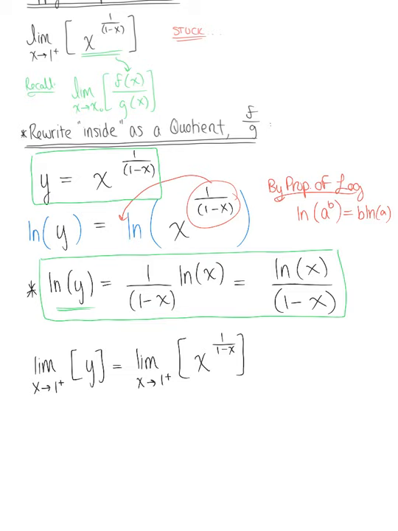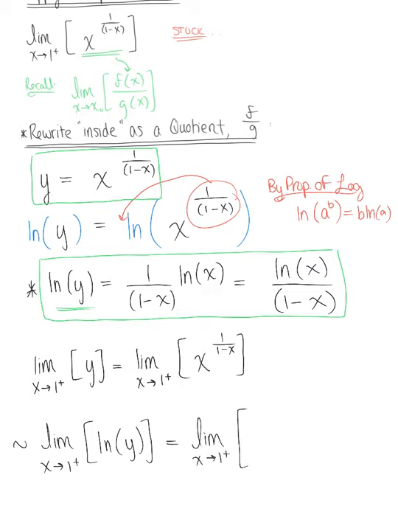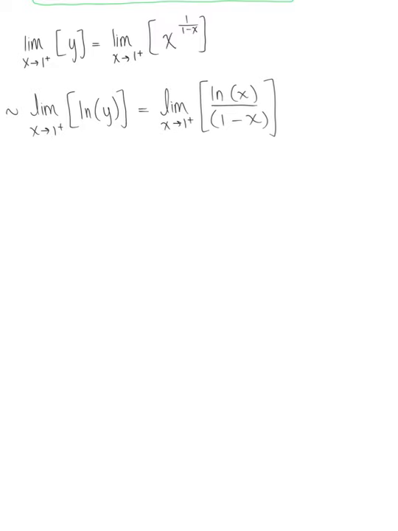And in order to apply L'Hopital's, we rewrote this in an equivalent form: the limit as x is approaching 1 from the right of the natural log of y, which is equal to the limit as x is approaching 1 from the right of the natural log of x all over 1 minus x.